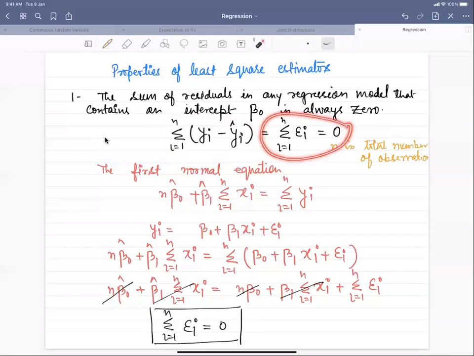So let's prove this. From the first normal equation, when we did minimization of sum of squares, what was the sum of squares? Sum of squares was essentially summation over i 1 to n, yi minus beta naught cap minus beta 1 cap xi, whole square.